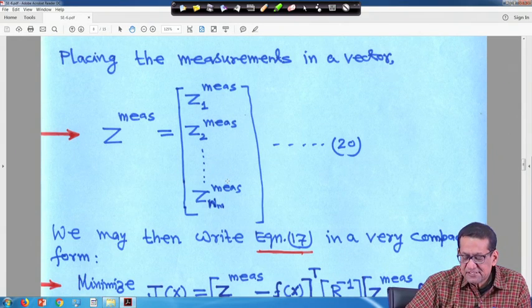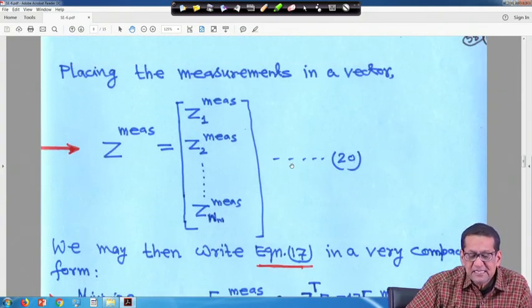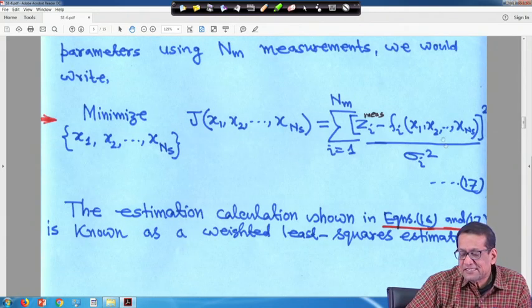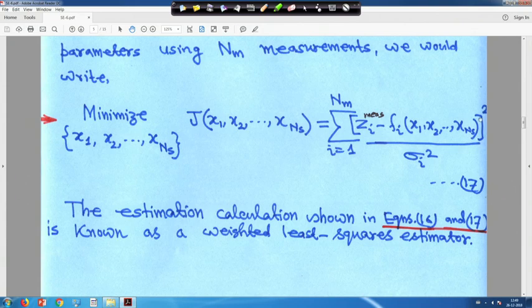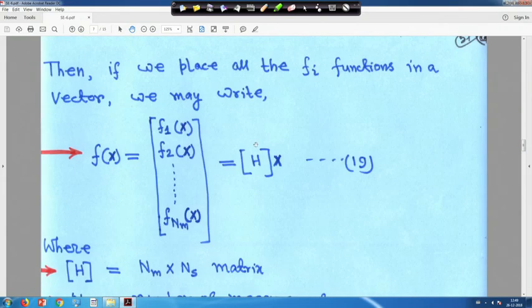We may then write equation 17 in a very compact form, that is the minimization. If you go to equation 17, it is a quadratic function: z_i measure minus f_i of x1, x2 up to xns, whole square, divided by sigma_i square. You have ns state variables and nm measurements.